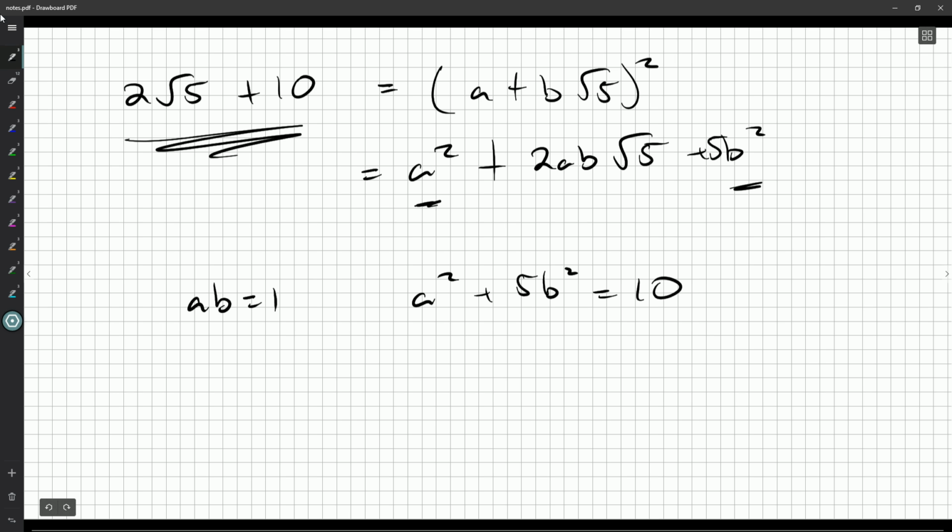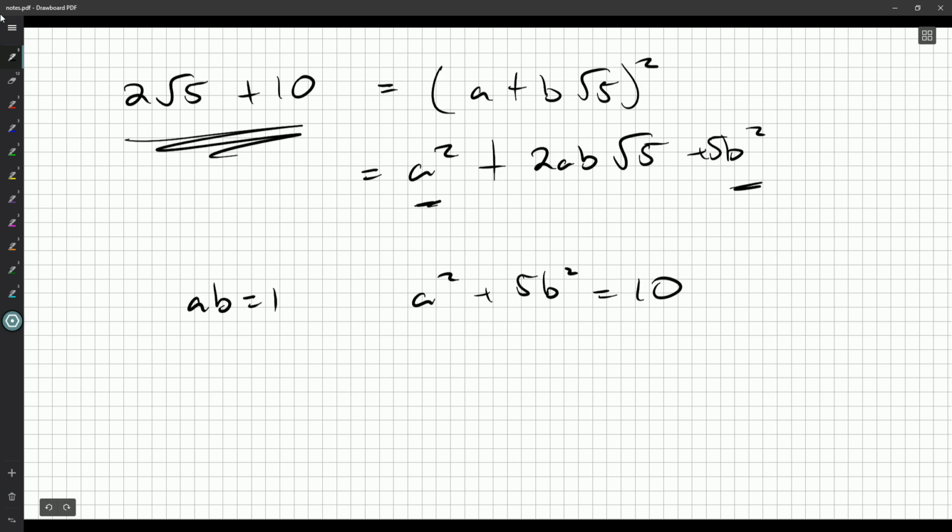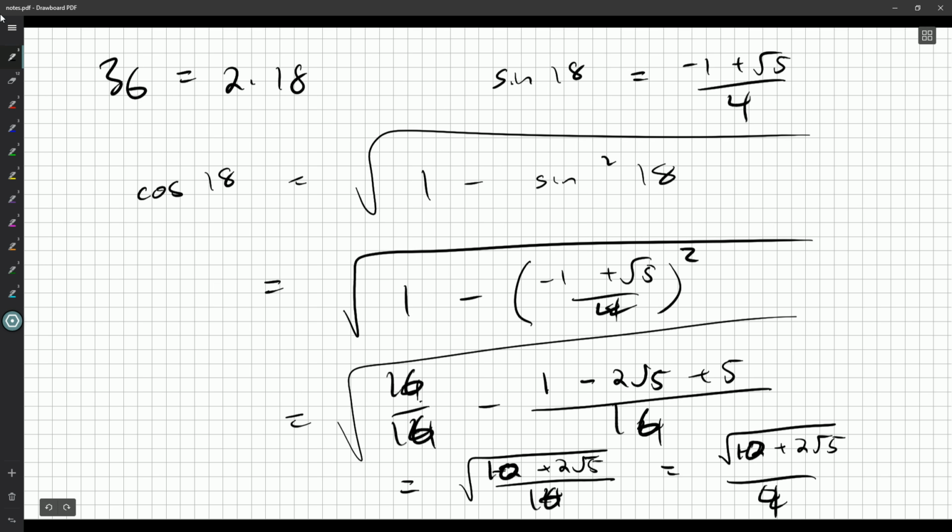I should think they would have to be integers, but that's not working here. Because if it was 6, if I was left with 6, I'd be happy. But I've got a 10 there. If it was 6, A and B could both be 1, and we'd be all set.